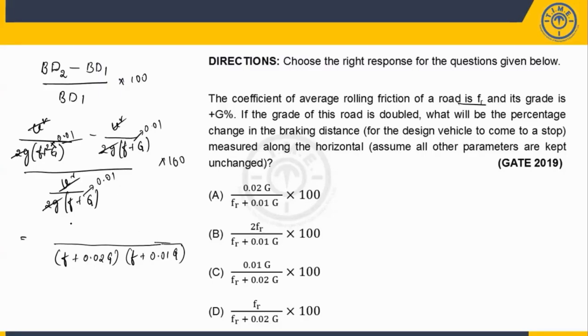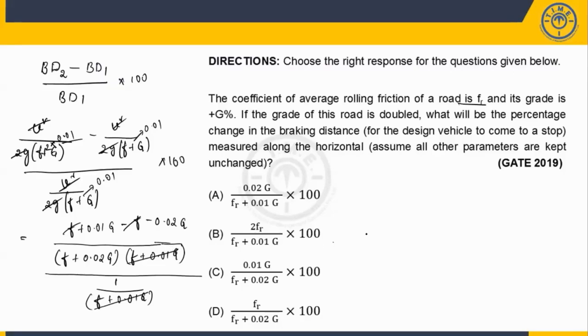So that is F plus 0.01Z minus F minus 0.02Z. So F and F get cancelled. 1 by F plus 0.01Z we have in the bottom. Can I cancel out this one and this one? Yes, sir.